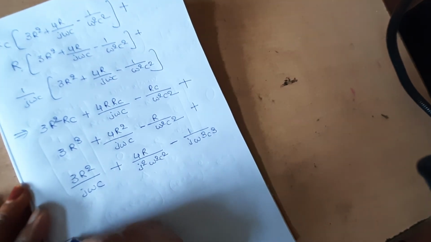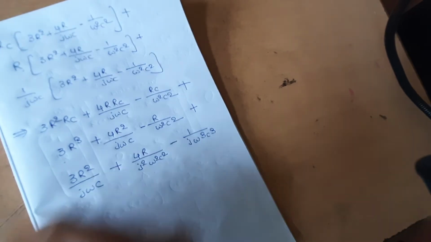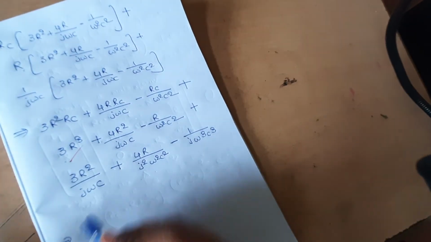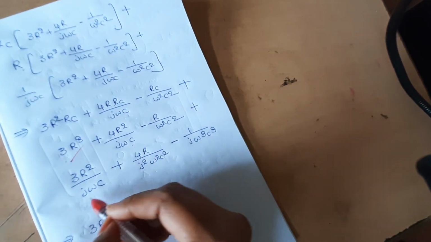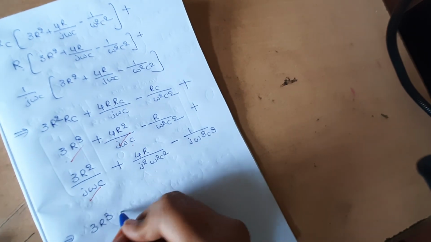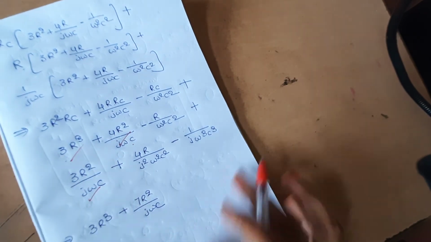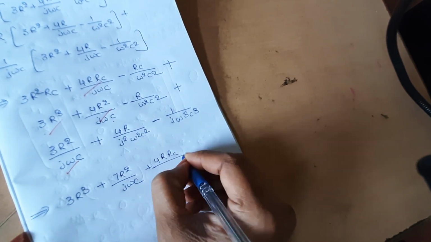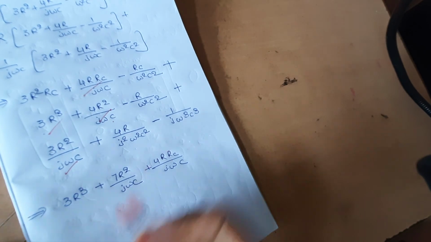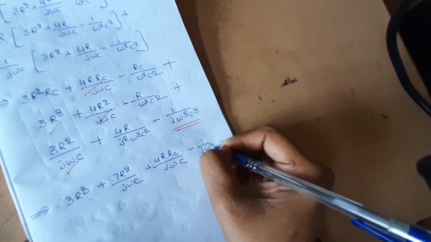So now simplify. The first term is 3R cube. Okay, 4R square by j omega C and 3R square by j omega C means 7R square by j omega C. Next, this term is not here, so we can directly write plus 4R RC by j omega C, and this term is the same, minus 1 by j omega cube C cube.